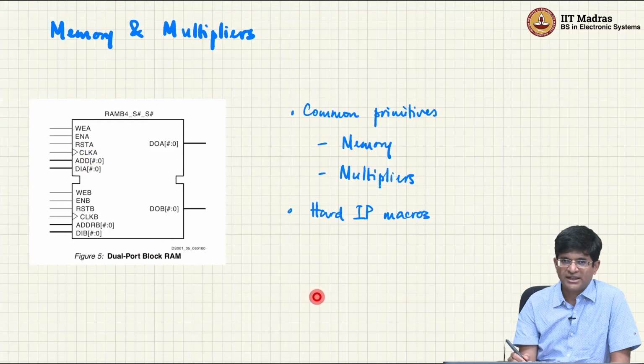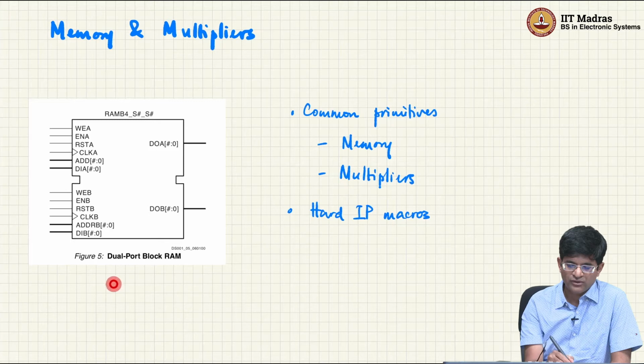An example of that is the so-called memory blocks. This is an instance of a so-called dual port block RAM. Dual port meaning that there are 2 ports. You can either write over here or write over here, you can read from here or read from here.